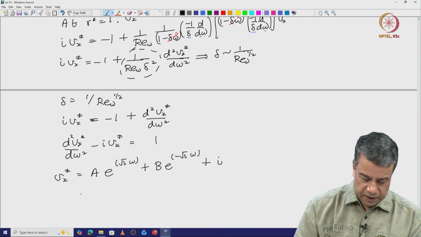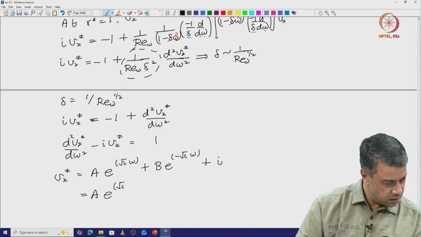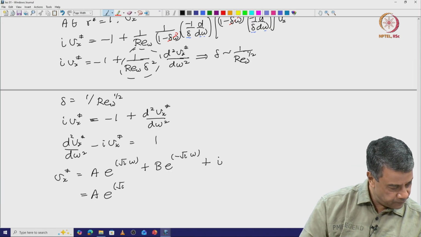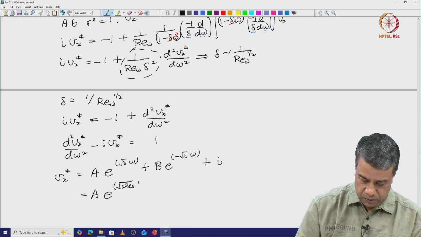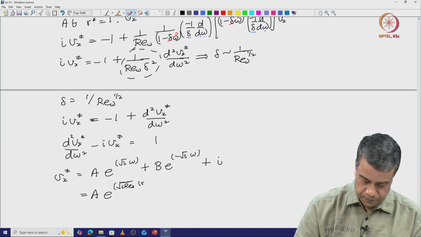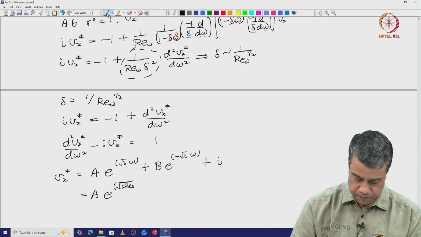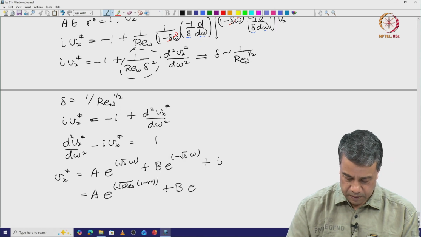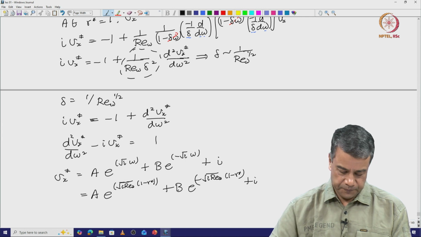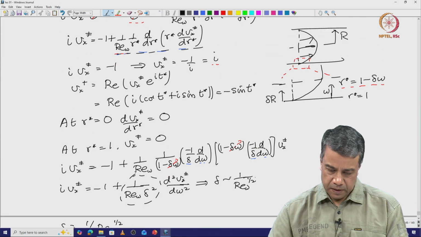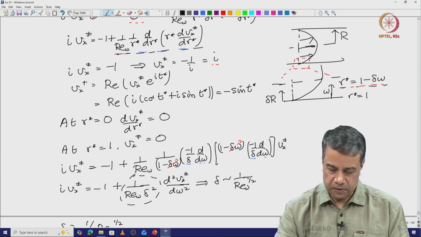Okay. And if I write it in terms of the original variables, I get e power root I Re omega into (1 minus r star) plus b e power minus root I Re omega into (1 minus r star) plus I. Where I have substituted r star is equal to 1 minus delta w.